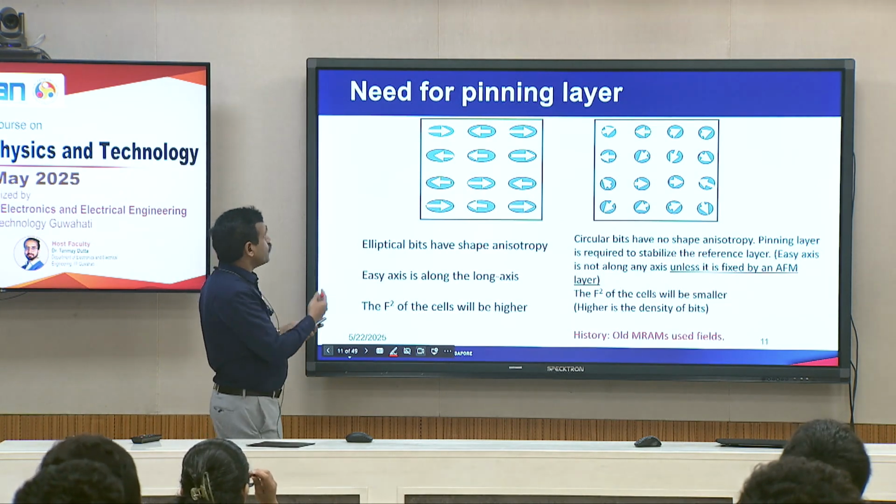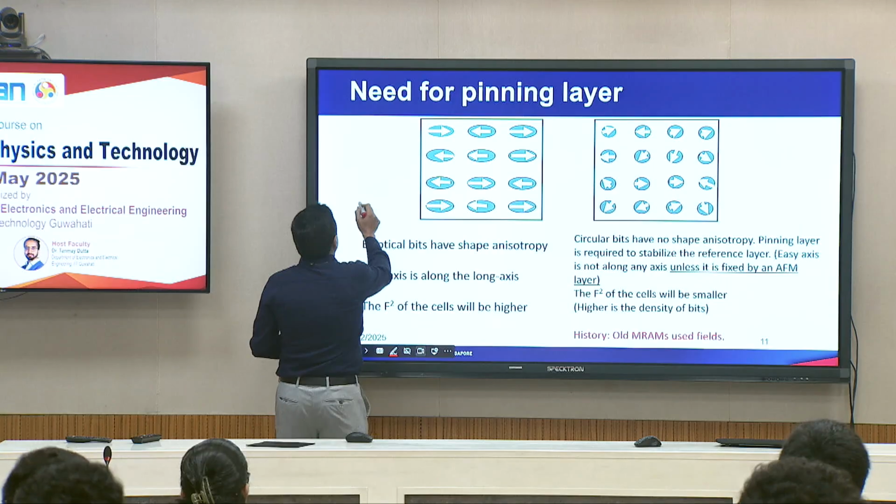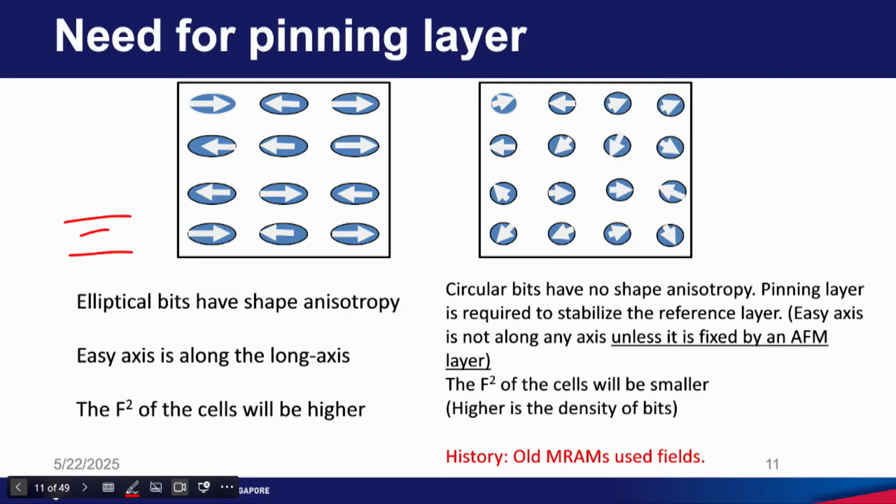Okay, so why do we need to do pinning? Why don't we just have a layer without pinning? That is explained in this picture. We are talking about field assisted switching. In field assisted switching, we learnt that we will apply two magnetic fields, one along the easy direction, one magnetic field along the hard direction.